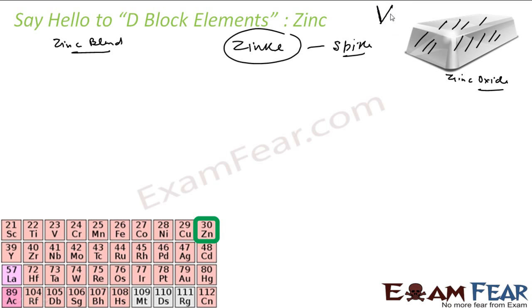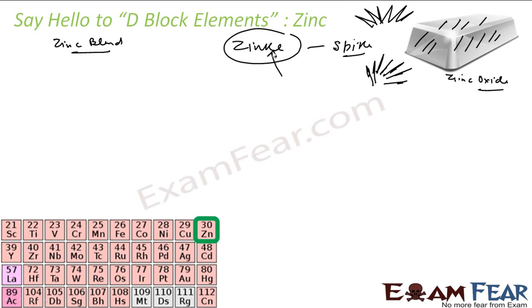Spike is something like this. This kind of shape is called spike shape, and zinc actually has a spike shape. When you see small pieces of zinc, you will see that zinc has this kind of spike shape, and because of this spike shape it is called zinc.